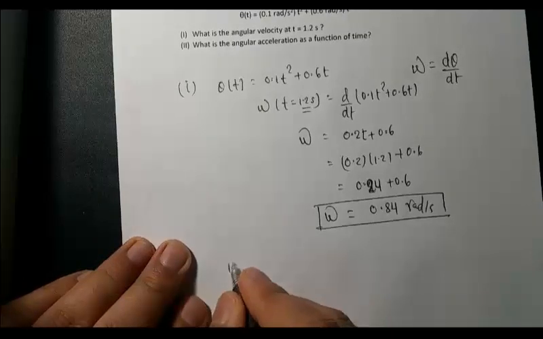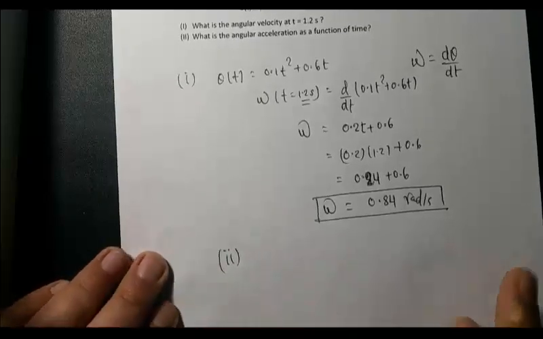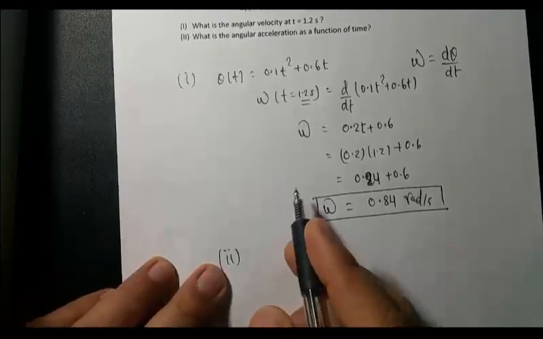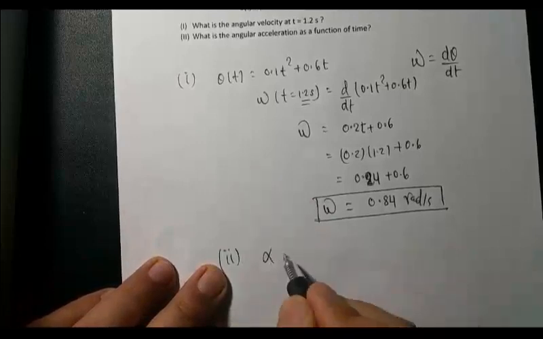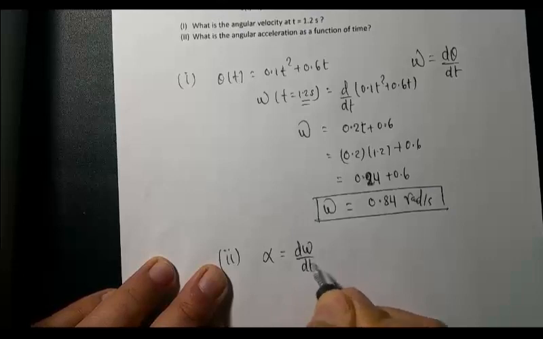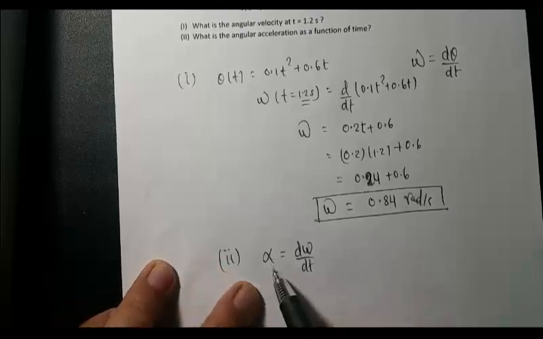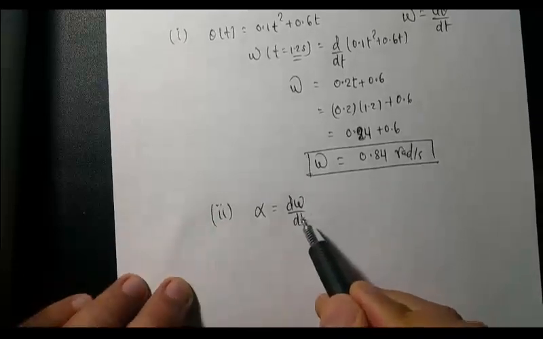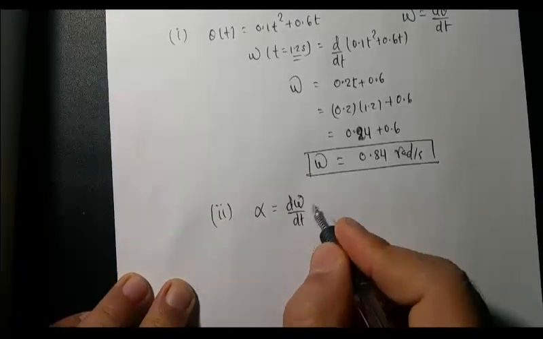And next, what is the angular acceleration as a function of time? So alpha. You do one more derivative, d omega over dt is alpha. So angular acceleration is the time derivative of the angular velocity.